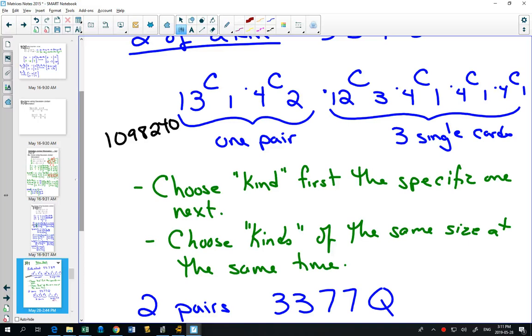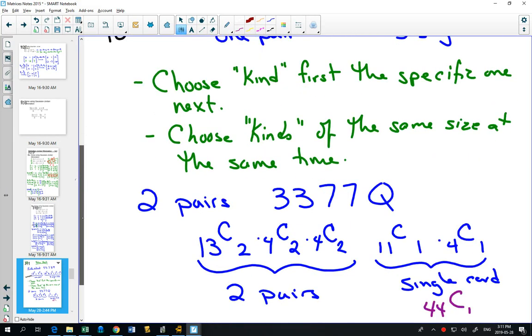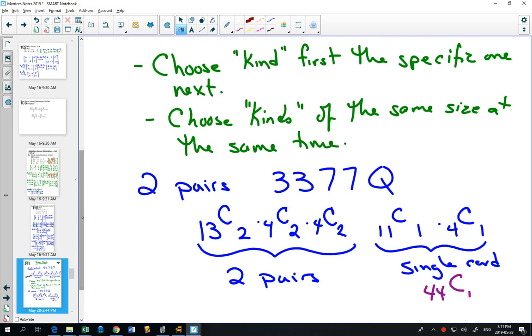Of the 2.6 million, over 1 million of them have a pair. When we get to 2 pairs, there's quite a few less.